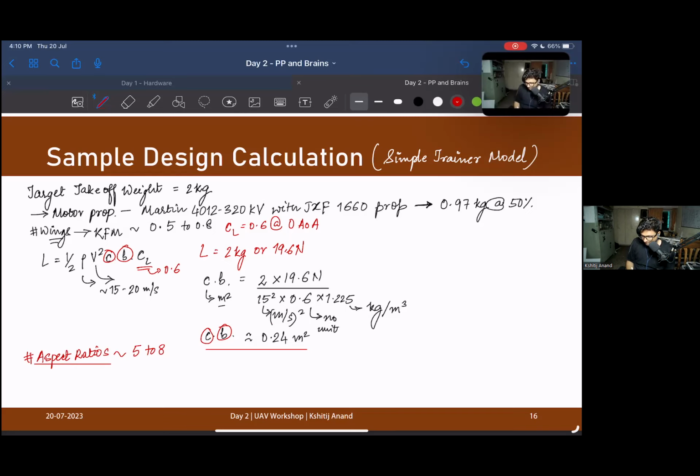I take it to be 8. I am assuming the shape of the wing to be a rectangle, to not keep it very complicated.